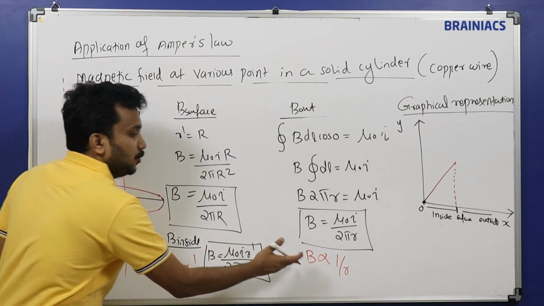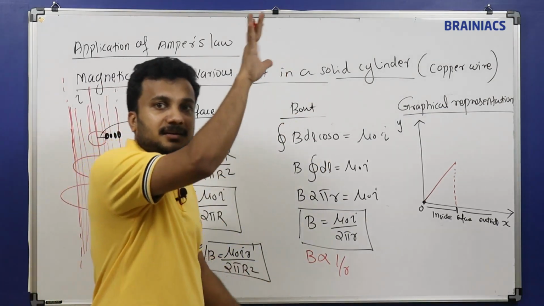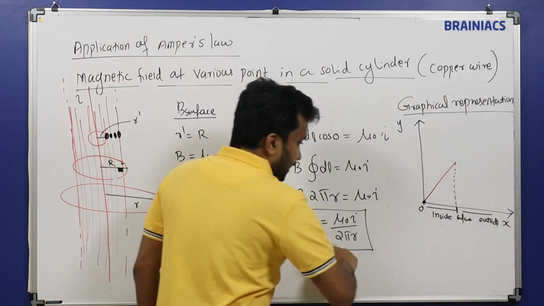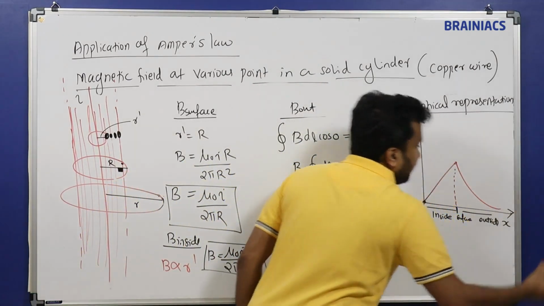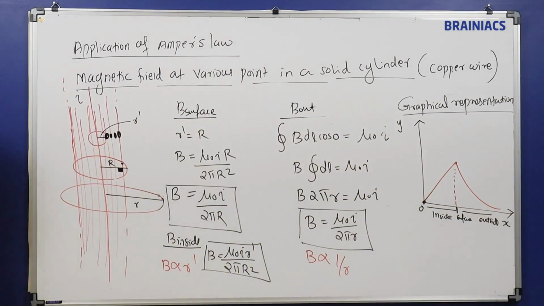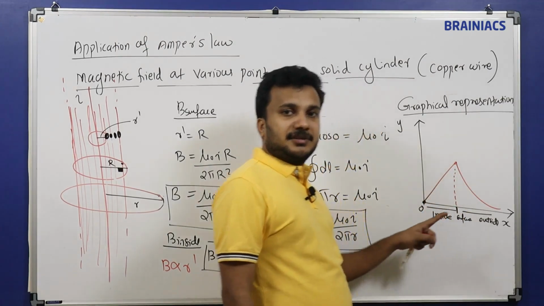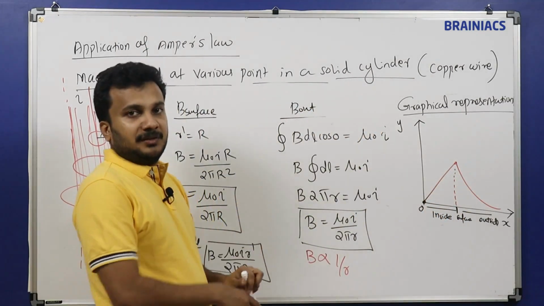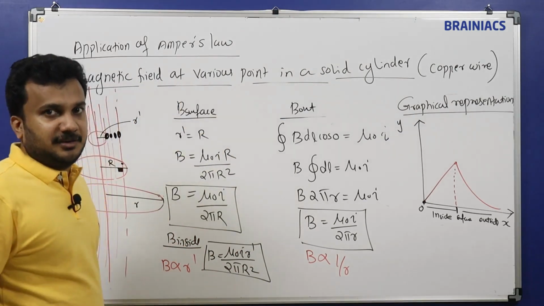Now here outside it is inverse proportion. Inverse proportion means when r increases, B reduces. Inverse proportional graph, not a straight line. This is a small inclination like this one. So magnetic field inside is increasing till the surface. After the surface it is reducing. The graph is slightly parabolic in nature, not a straight line.